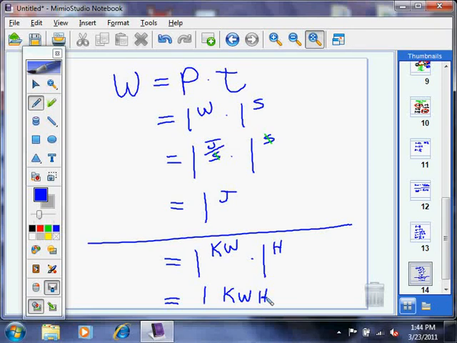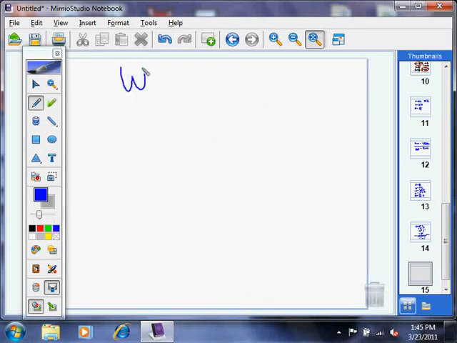Wait, 1,000 joules is 1 kilowatt hour? No, it's going to be more complicated than that because of the hours. All right, let's quickly look at that. W equals P times T. Here we have 1 kilowatt hour, and 1 kilowatt hour is equal to 1 kilowatt times 1 hour.